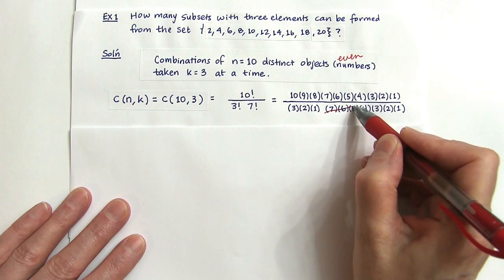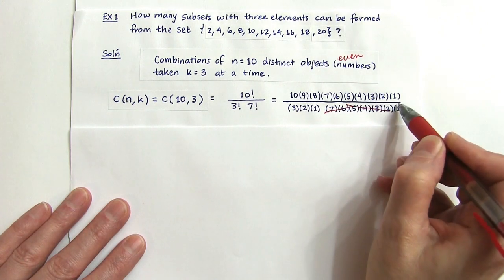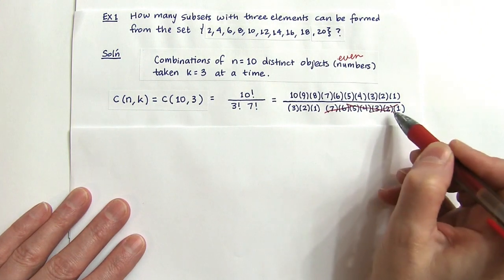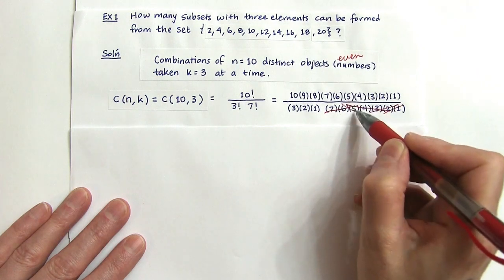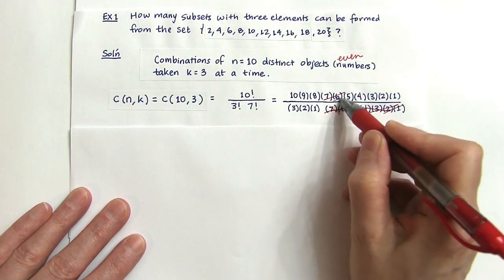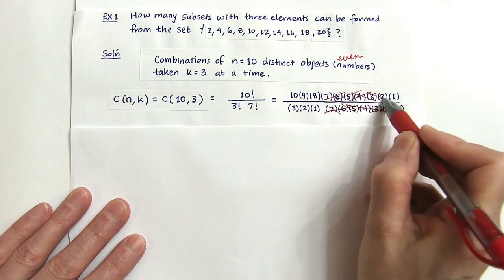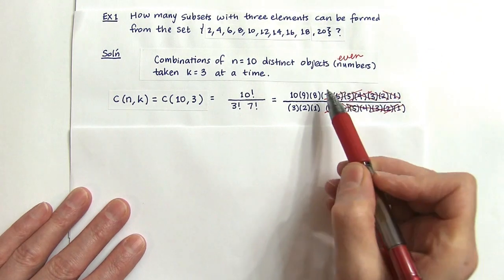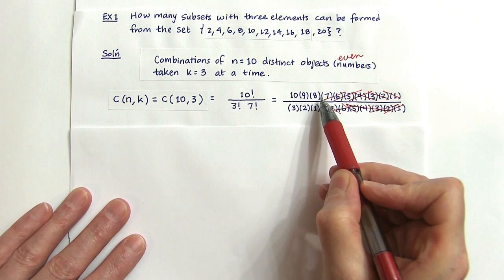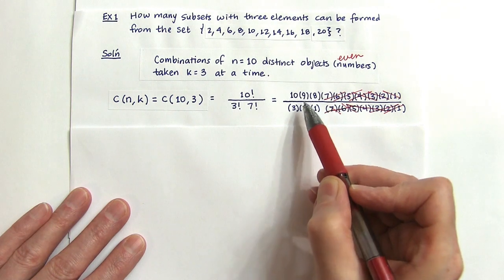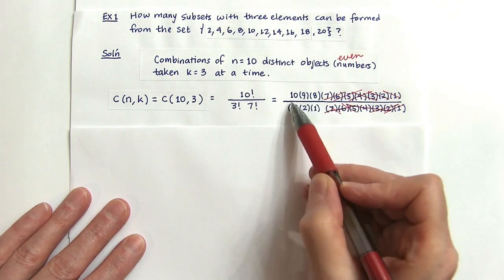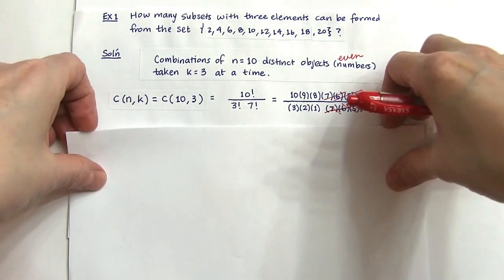So 7 factorial cancels with the 7 factorial in the numerator, and all I'm left with in the numerator is 10 times 9 times 8, and the denominator is 3 times 2 times 1, and this is easy to compute.